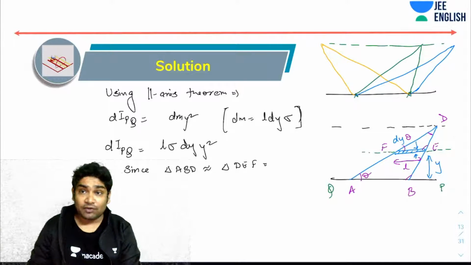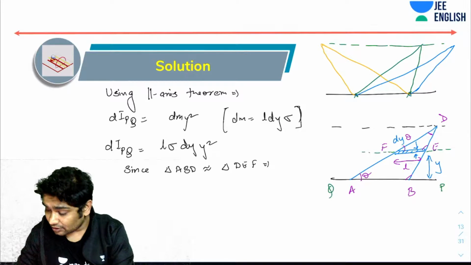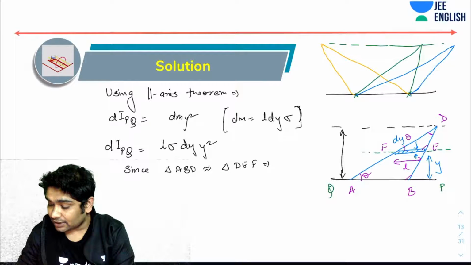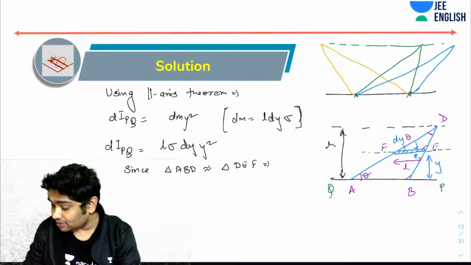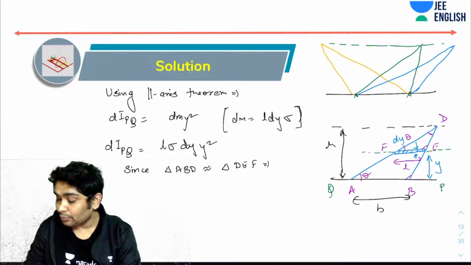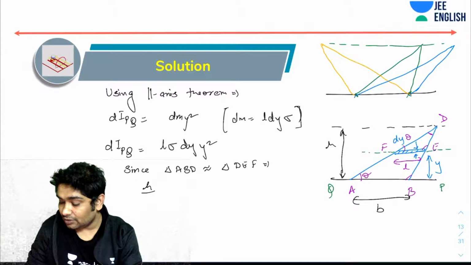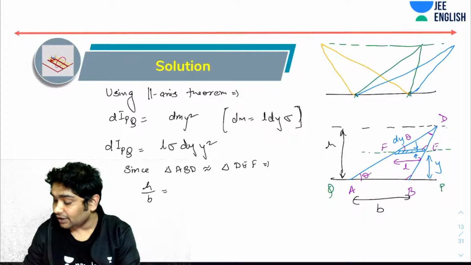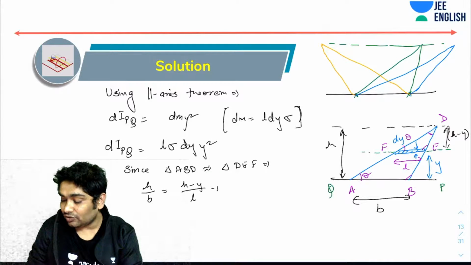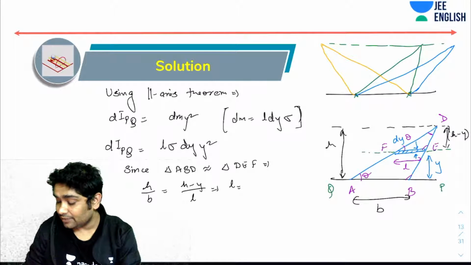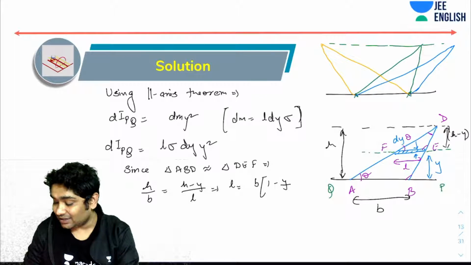From similarity, if this entire height is h and this base is b, can I say h over b should be equal to the height of this triangle, which would be h minus y, over the base, which is L? So h minus y over L. From here, what I can get is L equals b times (1 minus y over h).